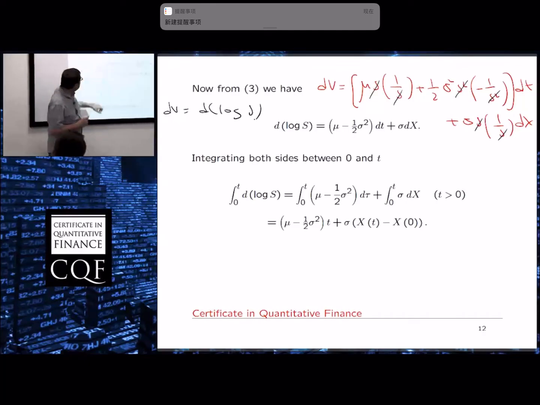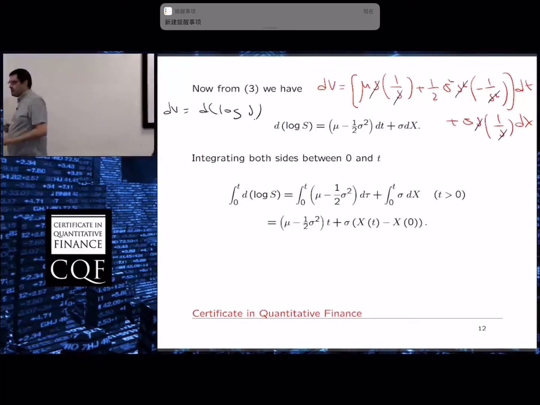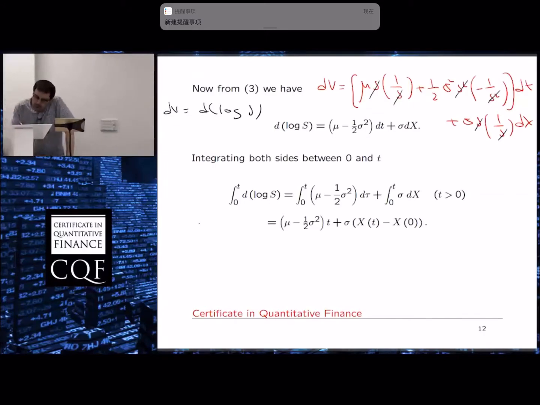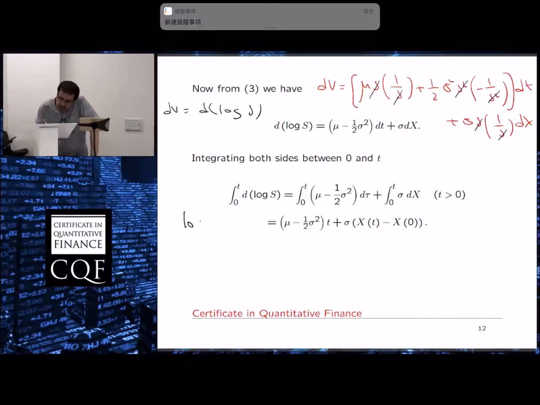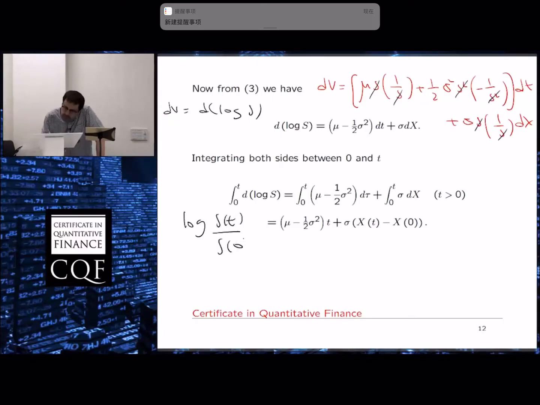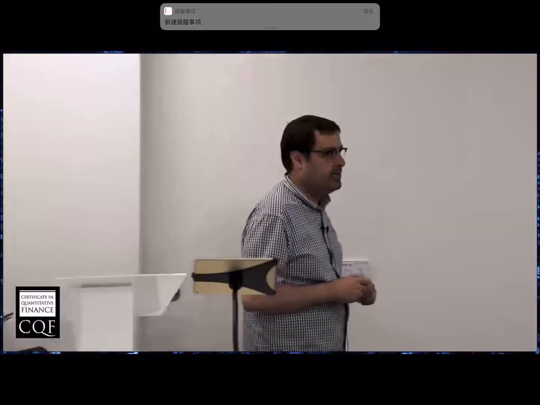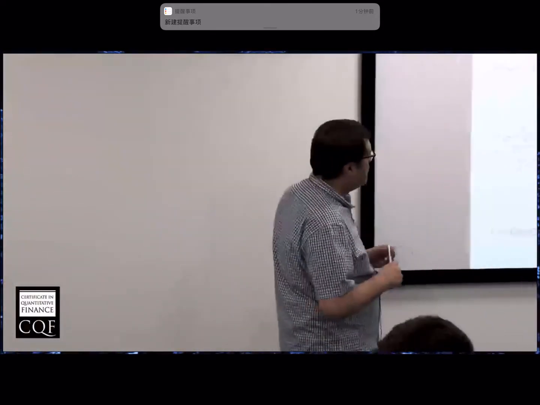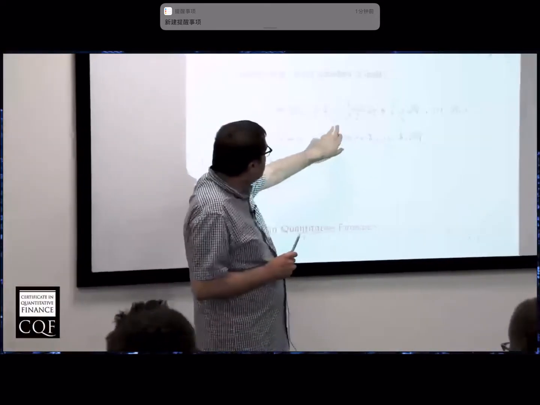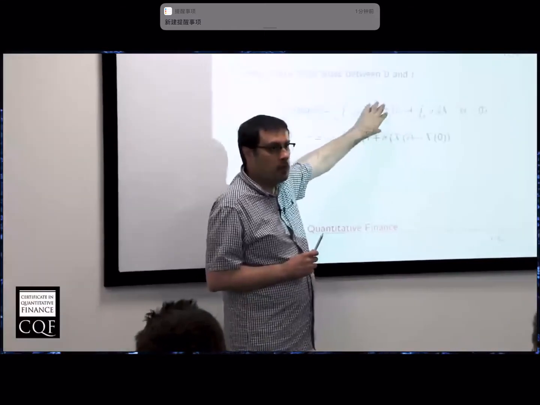Now, when we integrate the left-hand side, what does it become? It becomes log s at t over s at 0. Agreed? That's what the left-hand side becomes. The right-hand side, the very first term, mu minus a half sigma squared, that's a constant.